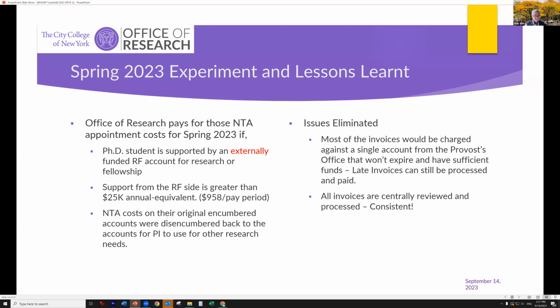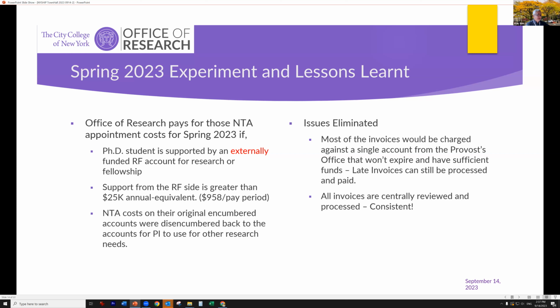If the student is supported by externally funded research foundation accounts, for example, an account from NSF funding, NIH funding, and so forth, or any kind of fellowship, like NOAA fellowships, then the Office of Research, with the Provost's support, will pay for those invoices.